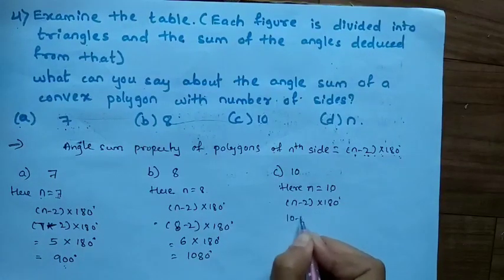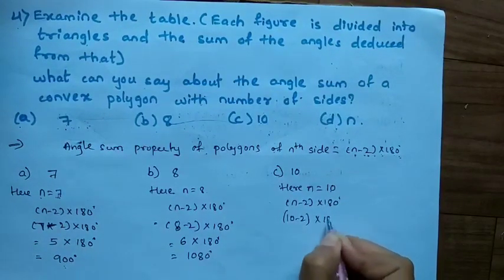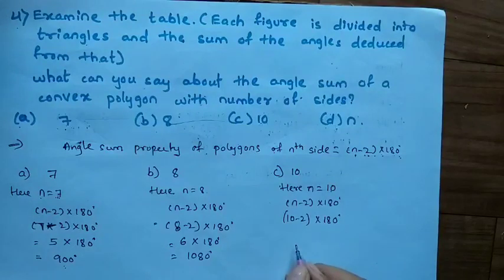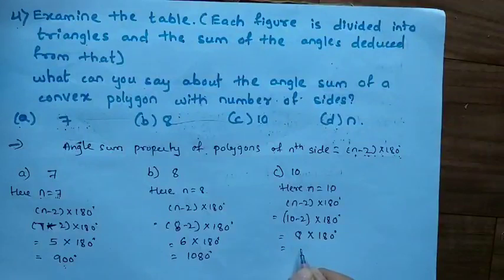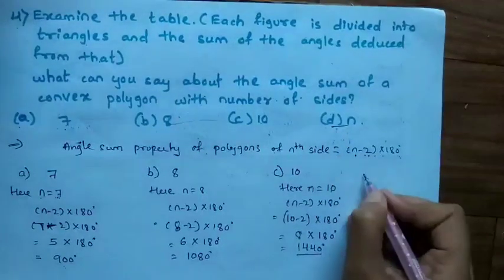So (10 minus 2) into 180 degrees. 10 minus 2 is 8. 8 into 180 degrees is 1440 degrees. The solution is 1440 degrees.